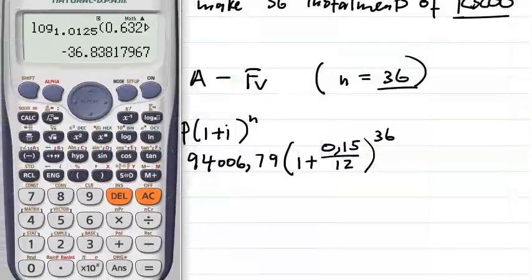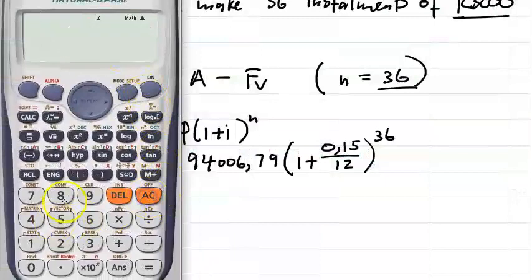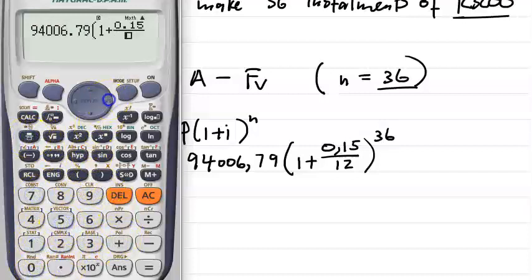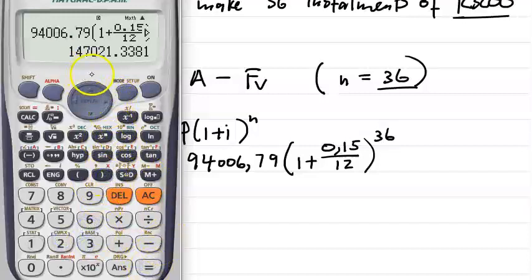Let's put this in our calculator. So we got 94,006 rand and 79 cents into 1 plus 0.15 over 12, to the power 36. So here we have 147,021 rands, and we're not going to round off now.